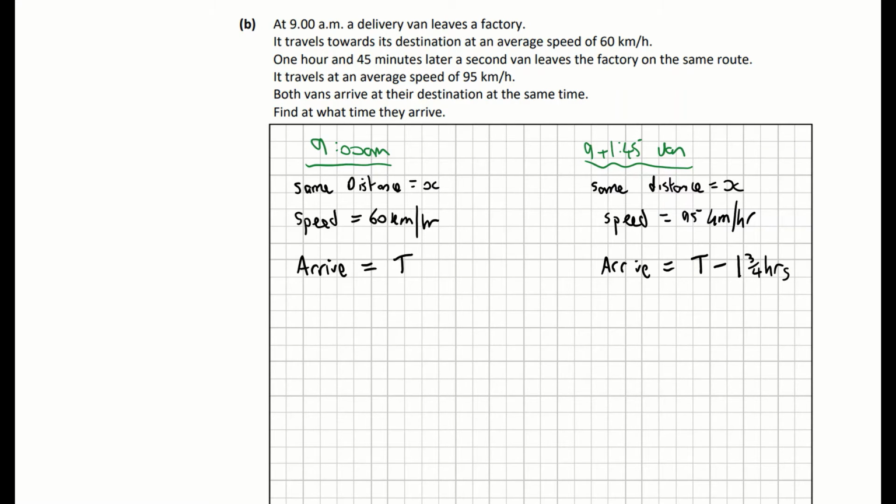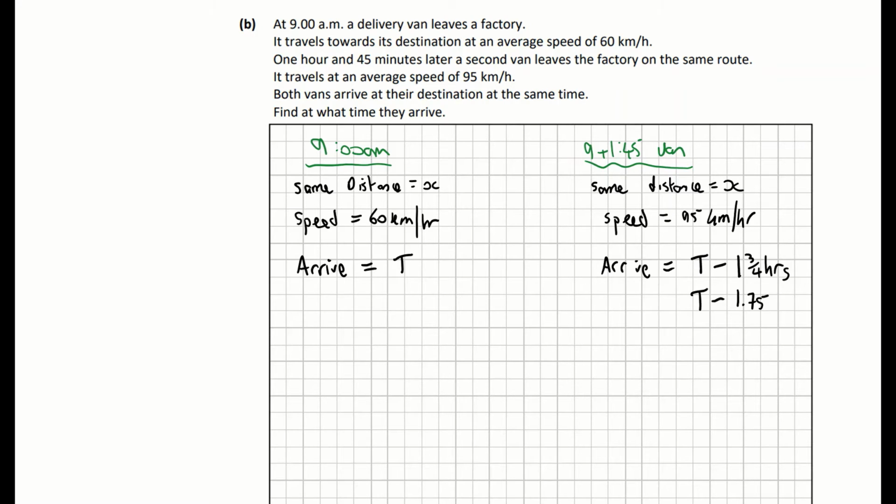So t stands for the time it takes to travel in the van, and for the second van, I'm taking away 1 3/4 hours because it travels less than the first van. As a decimal, that is t minus 1.75.